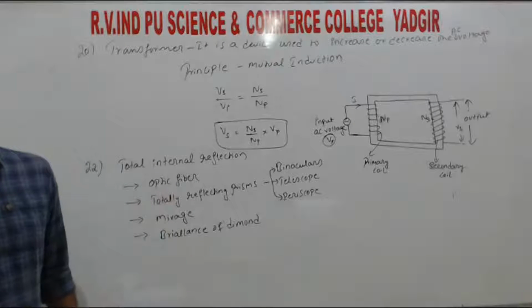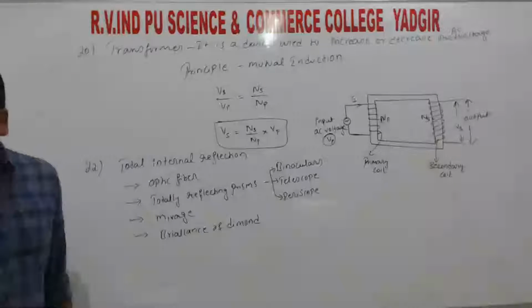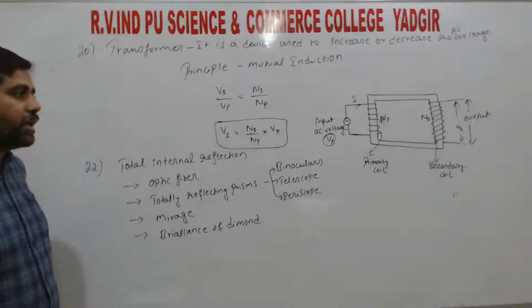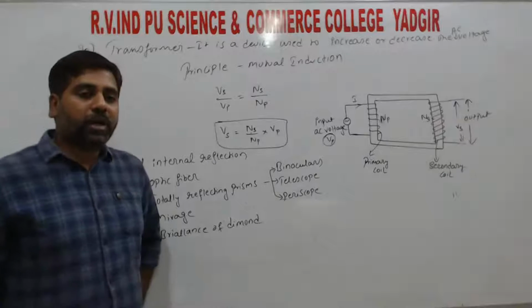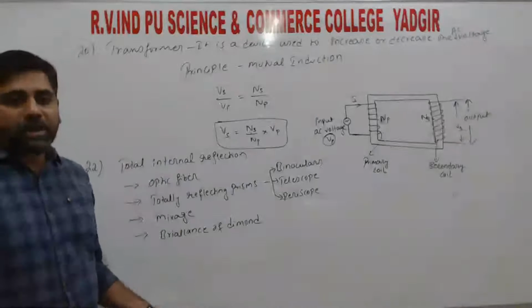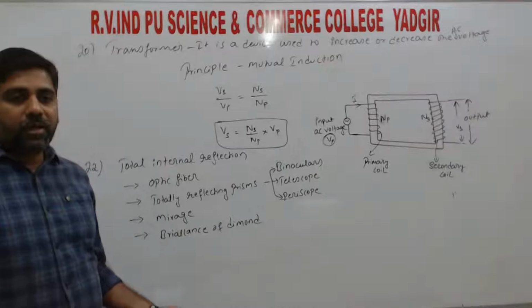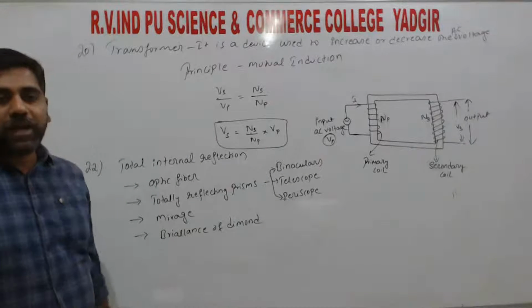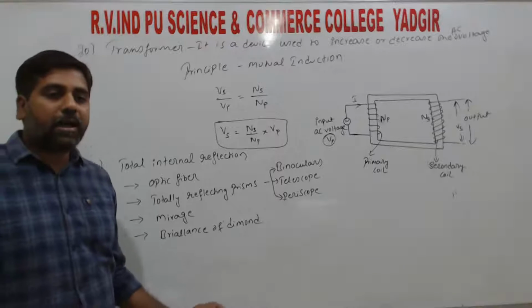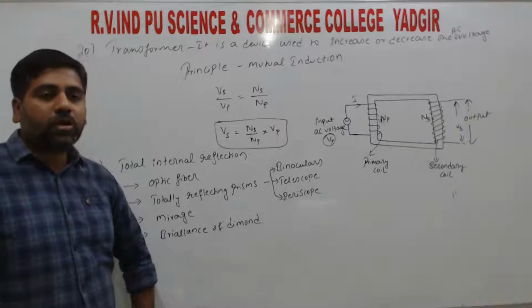Next, define critical angle. Write two conditions for total internal reflection. For any given pair of media, the critical angle is defined as the angle of incidence in the denser medium for which the angle of refraction is 90 degrees.